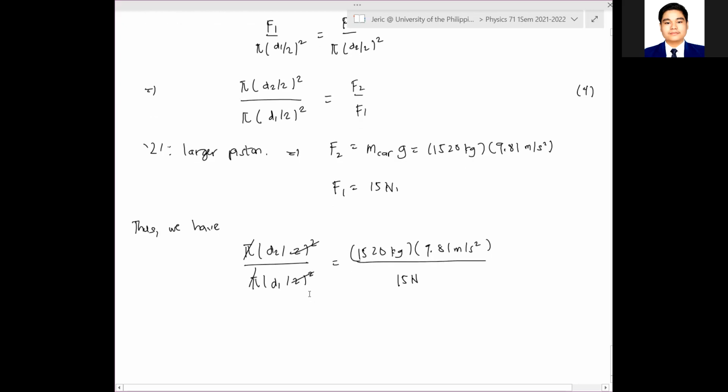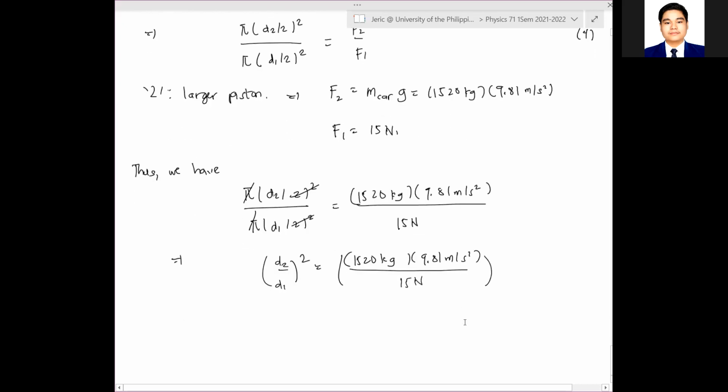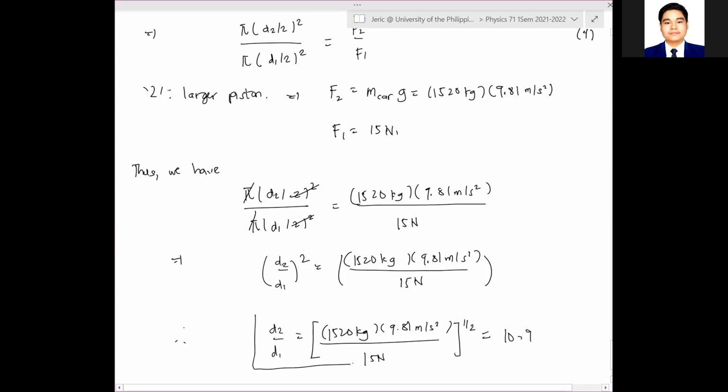Ang matitira na lang ay D2 over D1 quantity squared, which is simply 1,520 kilograms times 9.81 meters per second squared all over 15 newtons. Therefore, the ratio of the diameters is just the square root of this quantity. Hence, D2 over D1 equals 1,520 kilograms times 9.81 meters per second squared all over 15 newtons raised to 1/2, which is just about 10.9. Paki-check, I believe it's 10.9.